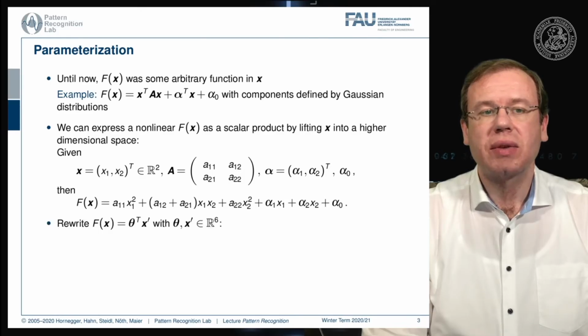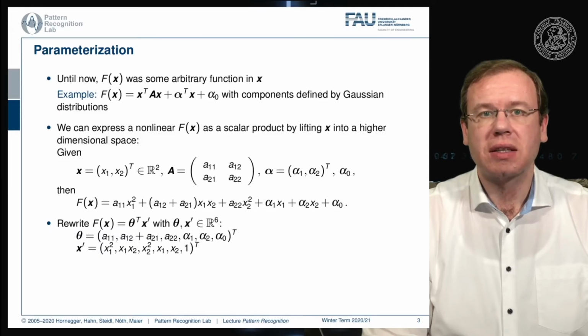So this means that we can rewrite this into a function of x with some x prime, where x prime is lifted to a 6-dimensional space. So x prime is now rewritten from x1, x2 to x1 to the power of 2, x1 x2, x2 to the power of 2, x1, x2, and 1.